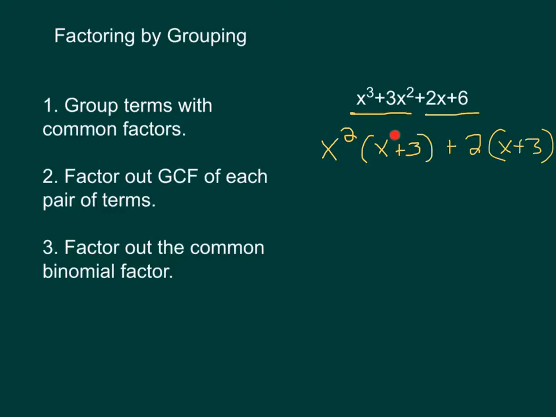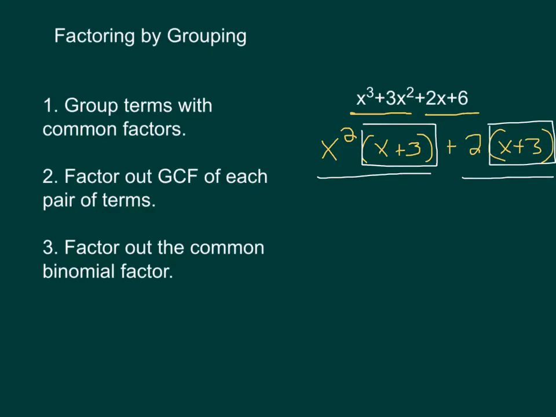And when I did that, I'm left with something special in parentheses. Both of these contain an x plus 3. So what I'm basically going to do is treat this whole block of x plus 3 as a common factor of 2 terms. The x squared times x plus 3 and the 2 times x plus 3.